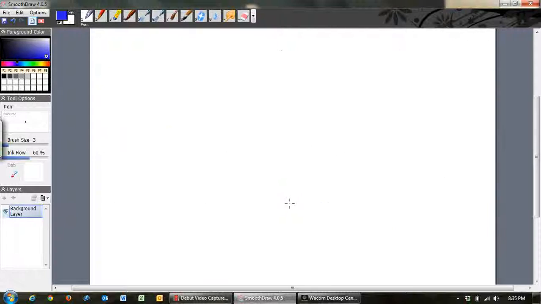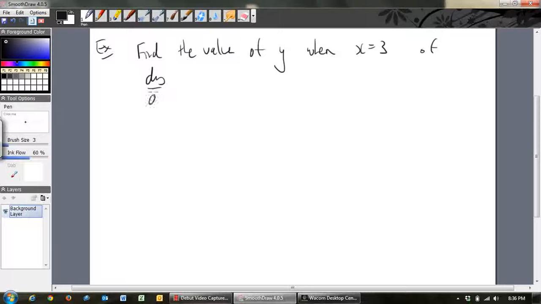Okay, let me actually find a particular point. So, a couple more examples. Example: find the value of y when x equals 3 of dy/dx equals the square root of x squared plus 3, given the coordinates -1, -10.